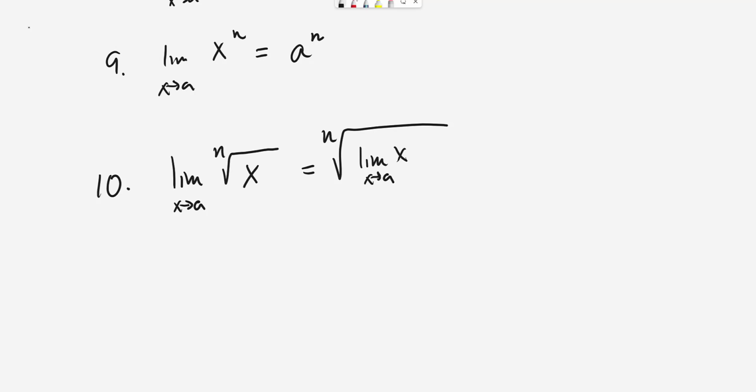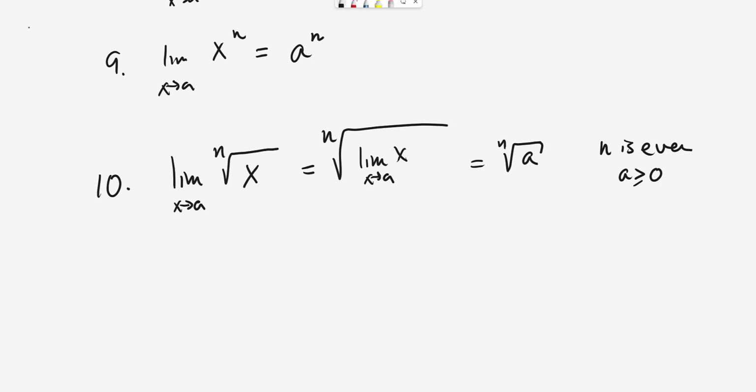So we're actually looking at the nth root of a. That is something that will need to be more carefully shown in the formal part, but also we have to make sure that if n is even, if n is 2 or 4 or 6, then a has to be 0 or positive.